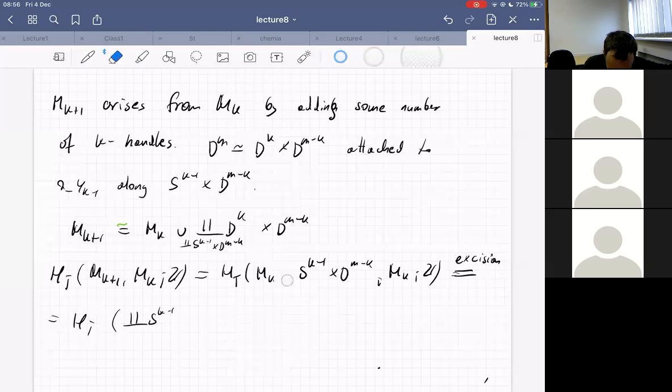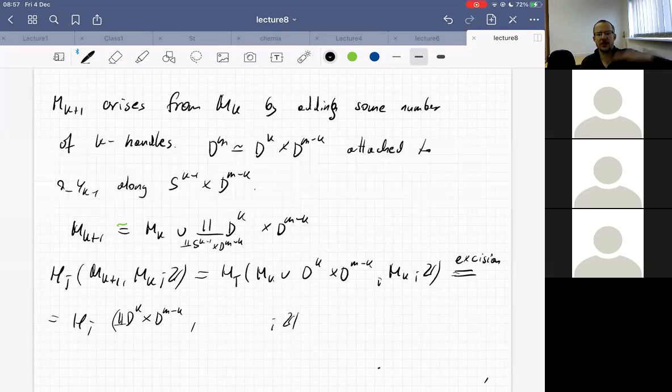I wanted to go too fast. D^k cross D^{m-k}, but now the relative part is not empty, because otherwise it wouldn't change topology, okay?